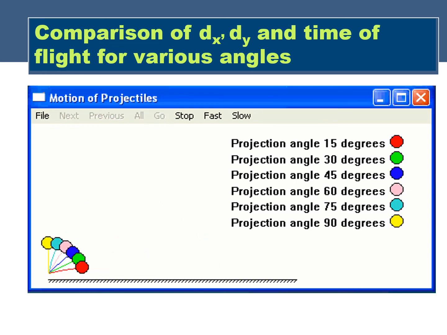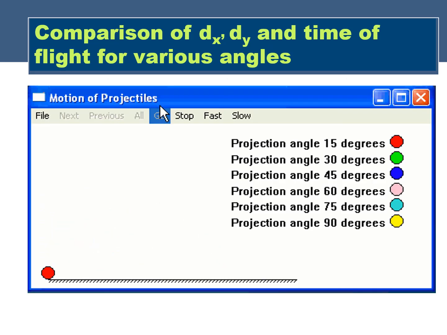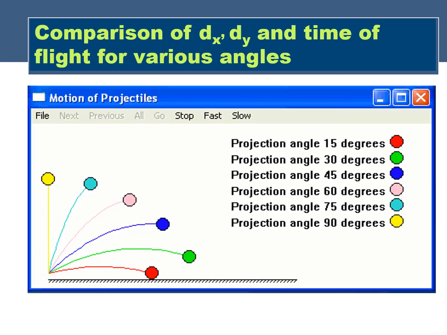The balls represent the projection angles: red for 15 degrees, green for 30 degrees, blue for 45 degrees, magenta for 60 degrees, cyan for 75 degrees, and yellow for 90 degrees.